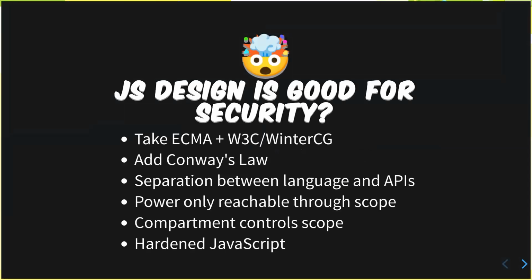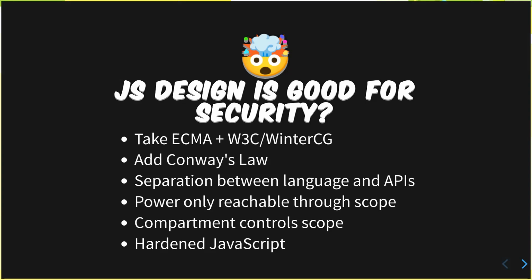Side note, JavaScript design is actually good for security. It just so happens that ECMA and the TC39 group specifically is defining the language itself, but there's no powerful APIs in the language itself. All network access, all I/O, and everything like that is being defined by someone else. And that someone else was W3C and then Node Core.